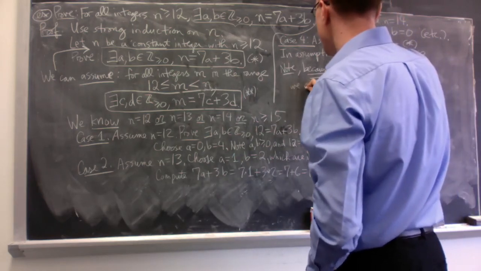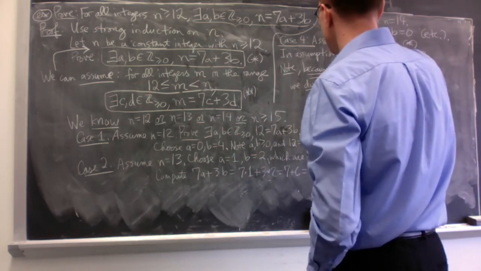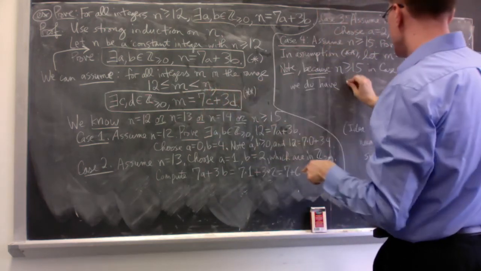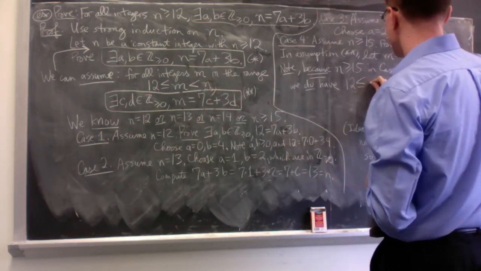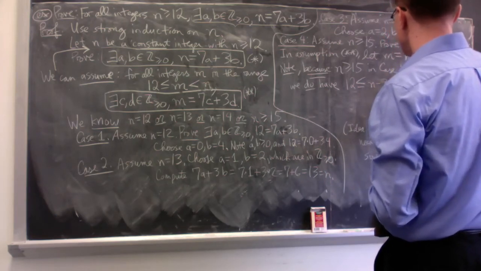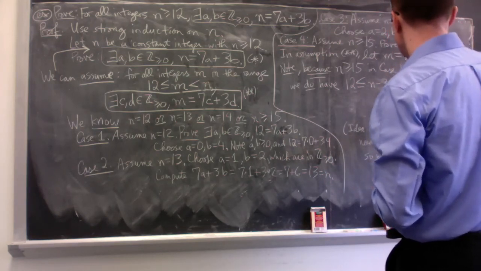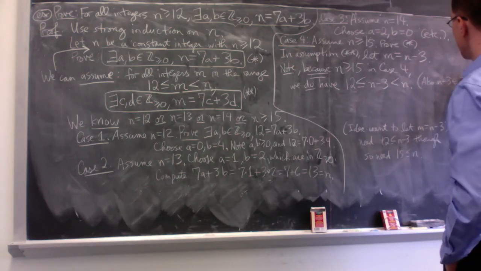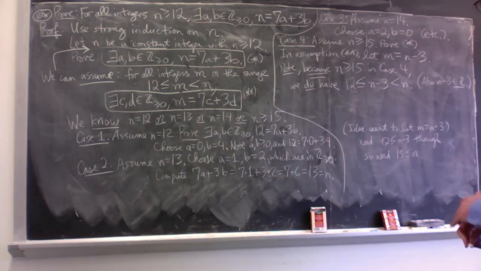We do have 12 is less than or equal to n minus 3, which is certainly strictly less than n. Also an integer by closure, if you're worried about that. N is an integer, and so on.